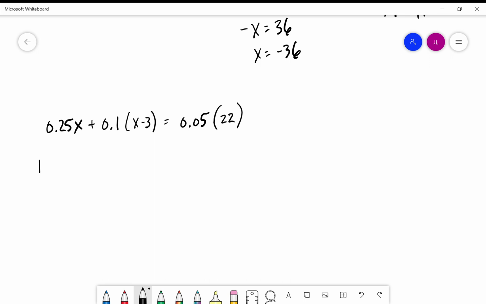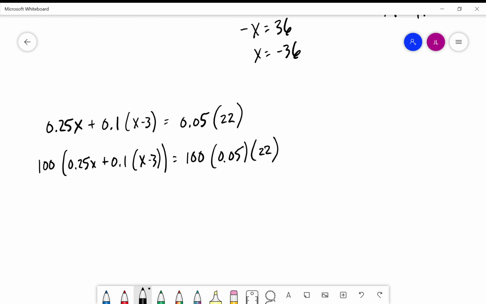And if we do that, what we'll get is 100 multiplied by 0.25x plus 0.1 times x minus 3 is equal to 100 times 0.05 times 22. So if we distribute here, multiplying by 100 just moves the decimal place 2 places to the right.